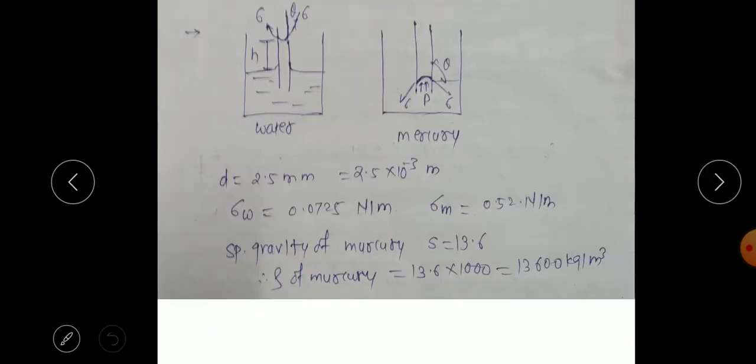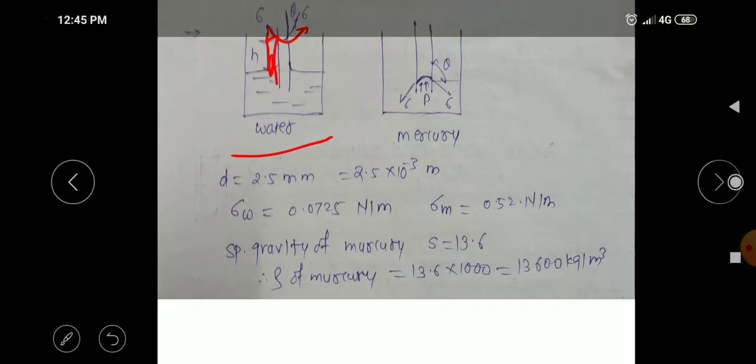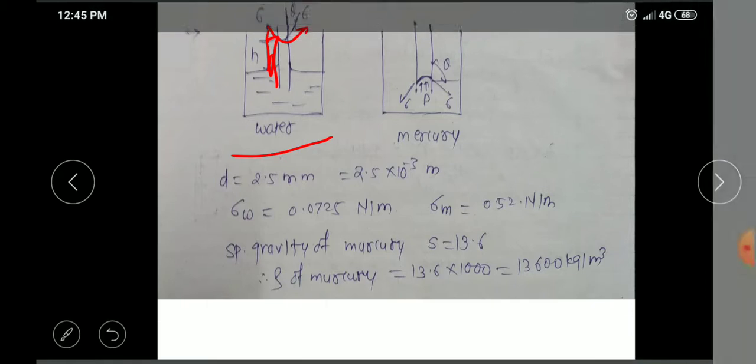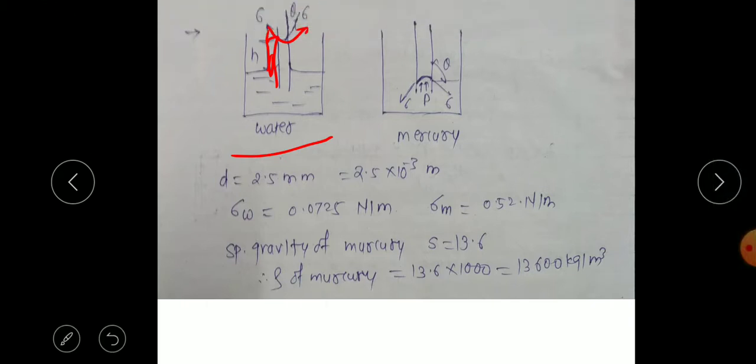So we see first for water. This is h, the capillary rise. Sigma is the tensile force acting on the surface formed in the capillary tube. For water, the liquid will rise, and theta is the angle formed between the tensile force and the glass surface.